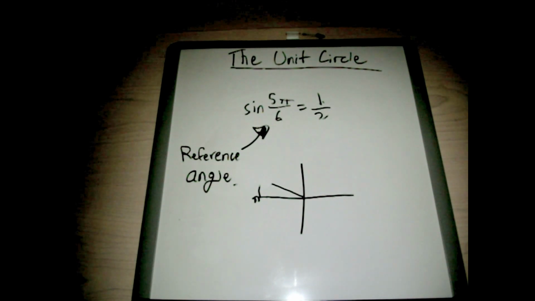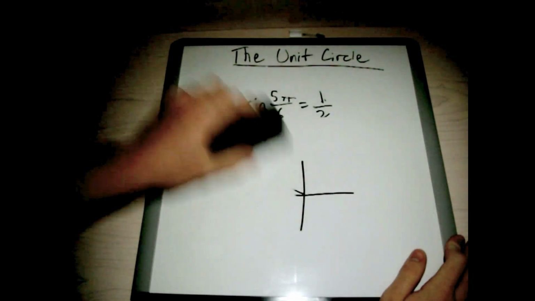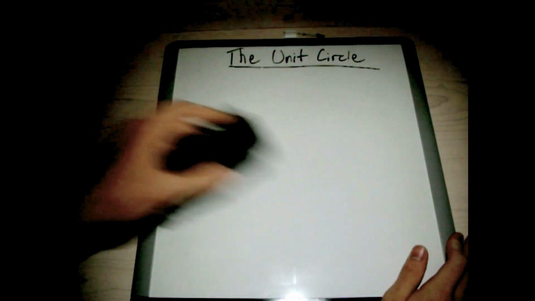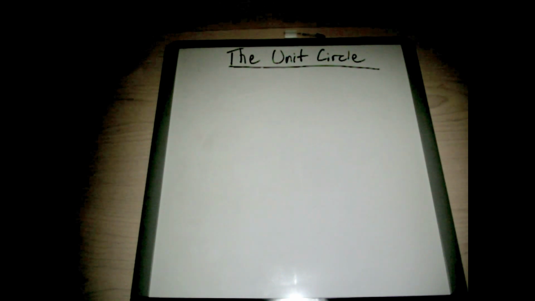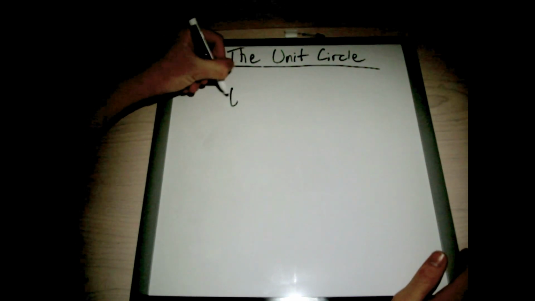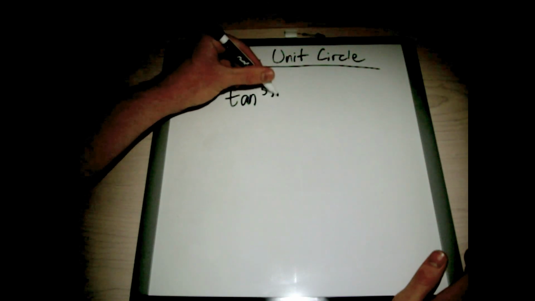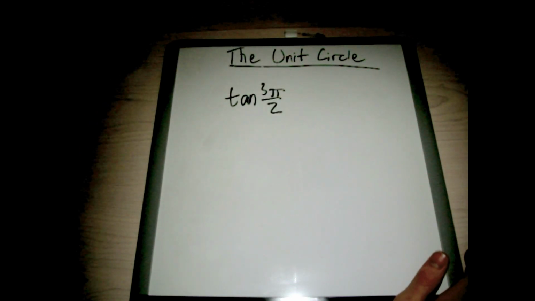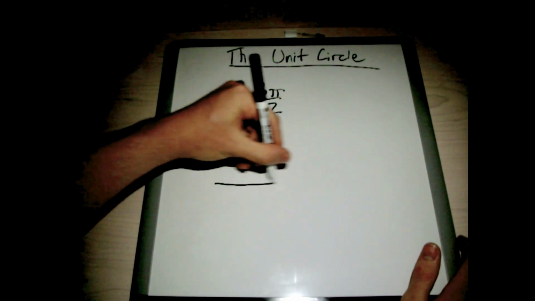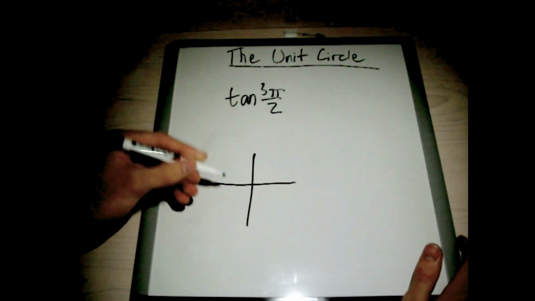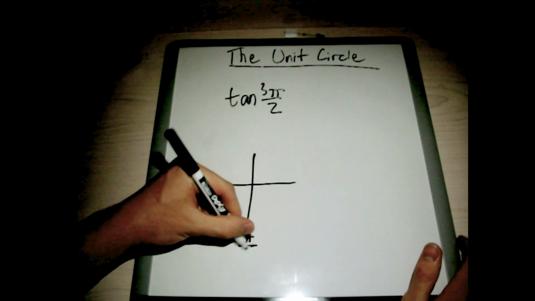And then another example problem will be tangent of 3 pi over 2. So looking at where 3 pi over 2 is, that's going to be the 270 degree angle.